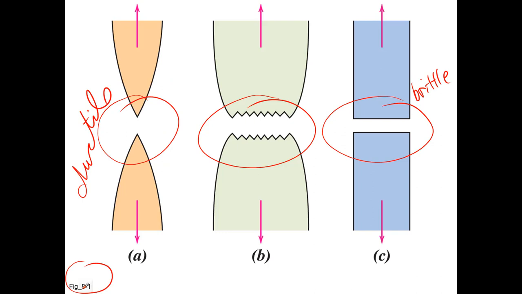So let's go back then and take a look at those. The ductile case, you can think of it as an example, perhaps like silly putty or even taffy, where it pulls apart with significant plastic deformation. The brittle case, though, you can see it's almost no plastic deformation. That would be like a ceramic material, and the intermediate case might be a metal like aluminum alloy.